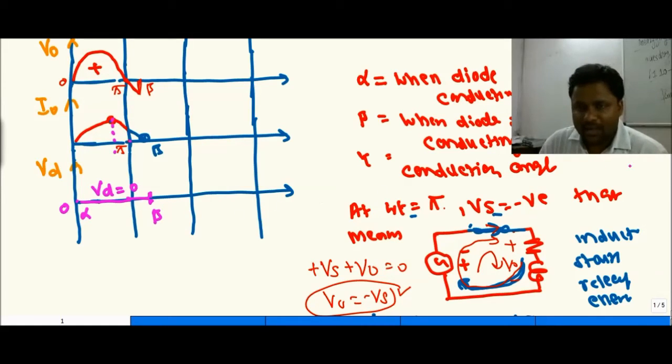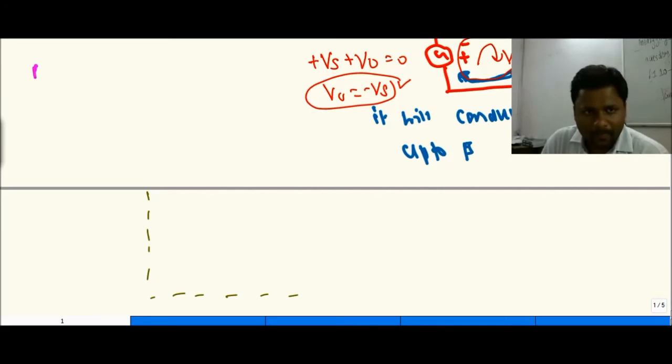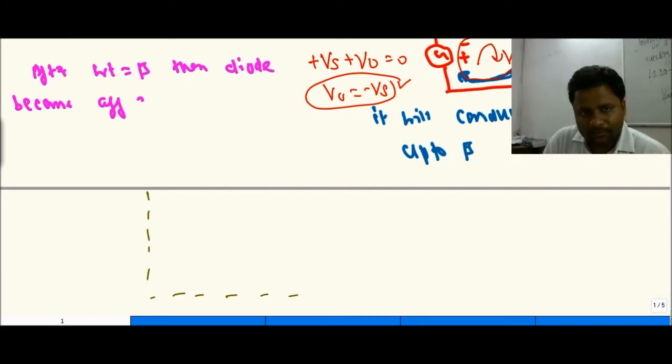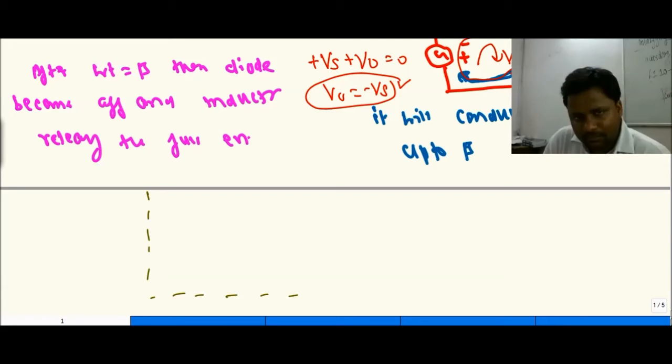Now, if we try to make the waveform like this, after omega t equals beta, the diode becomes off and the inductor has released the full energy.